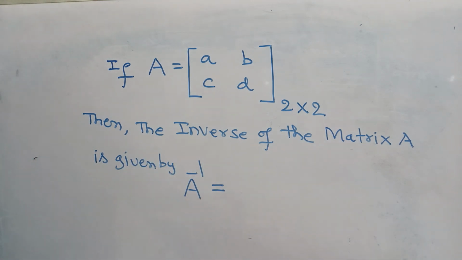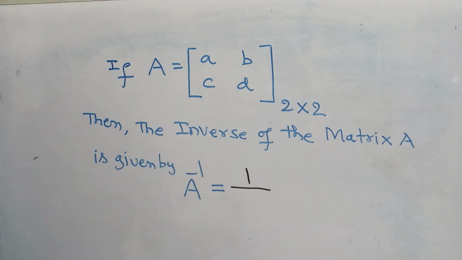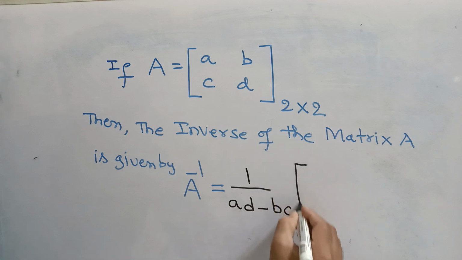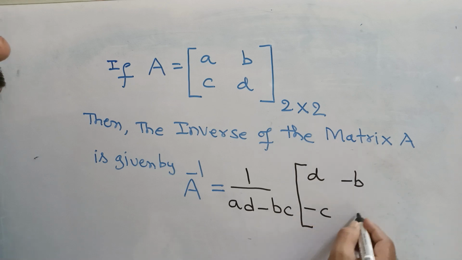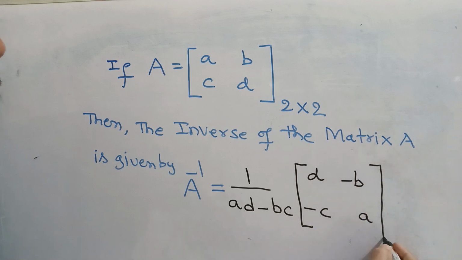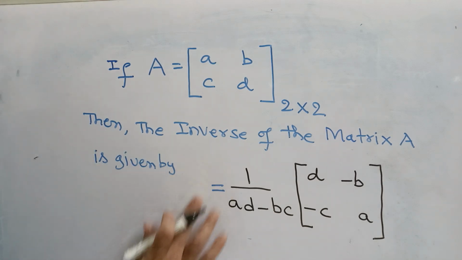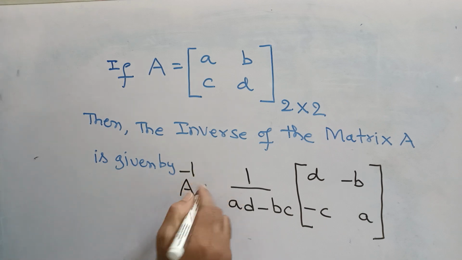A inverse is equal to 1 by AD minus BC, then a square bracket again, D, minus B, minus C, A. Please remember, this is the formula, okay?